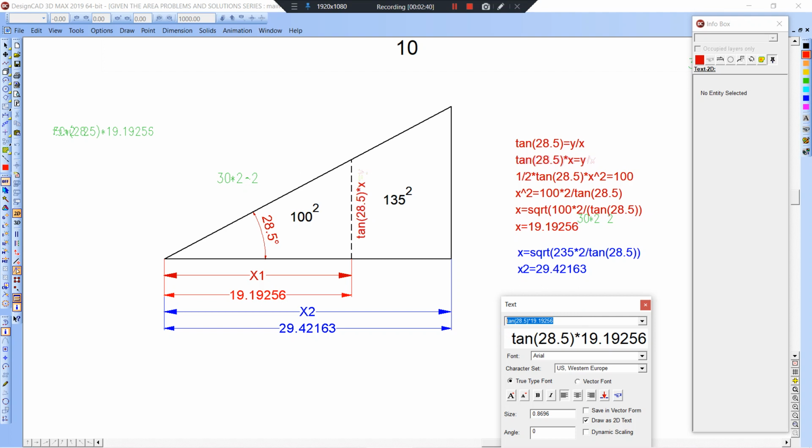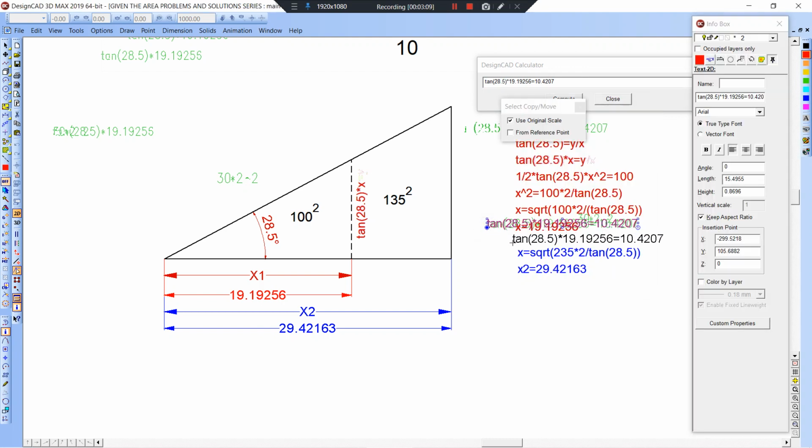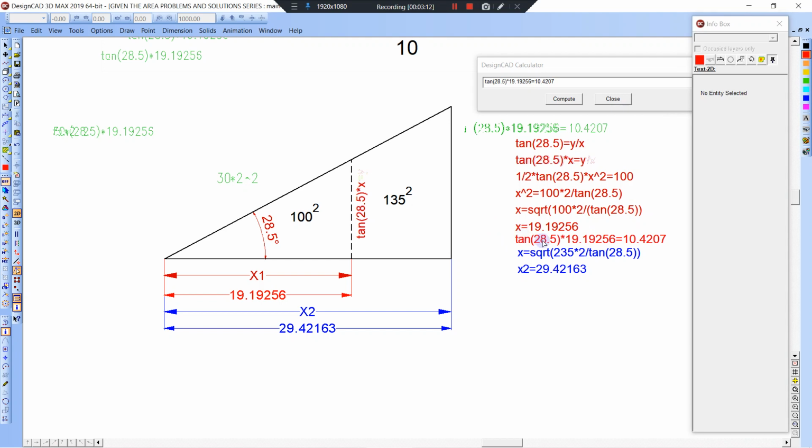Copy paste that into the calculator. I think I did tangent of 28.5 times that, and this is 10.421.